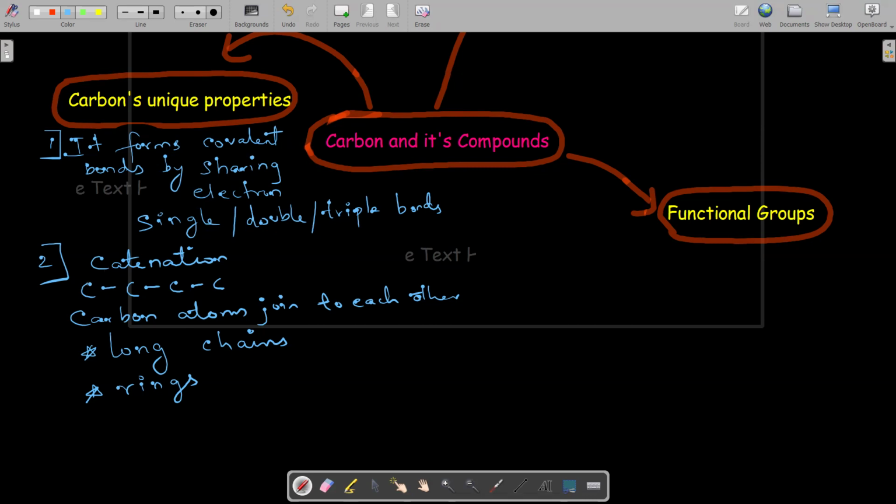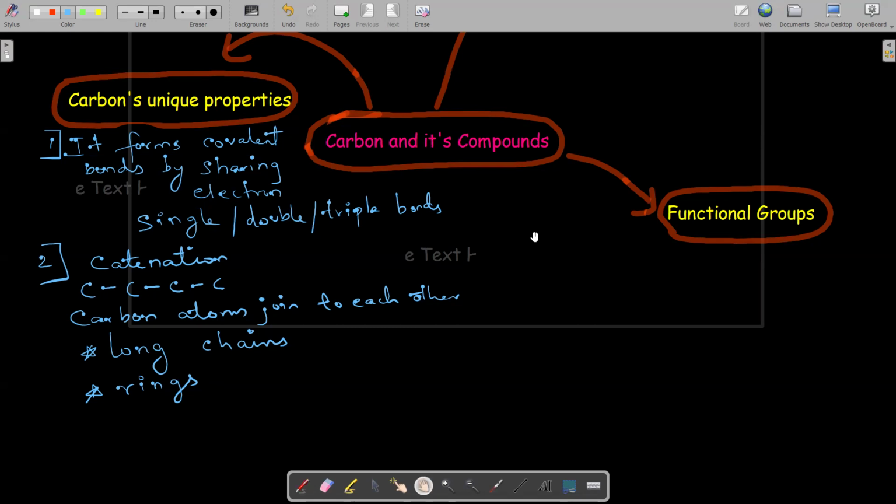And of course, the next property, where the carbon can attach to itself. They form long chains by attaching to each other. They can form long chains, but they can also form rings.